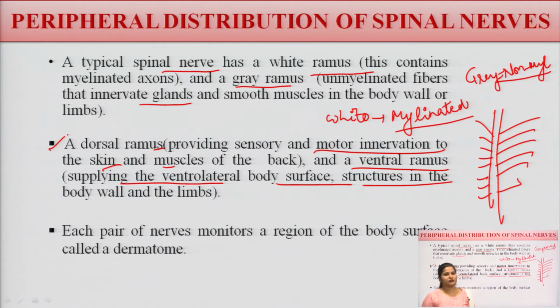So this is the function of the dorsal ramus and the ventral ramus. Each pair of nerves monitors a region of body surface called a dermatome. Okay? So each pair of nerves monitoring a region of body surface is known as a dermatome.